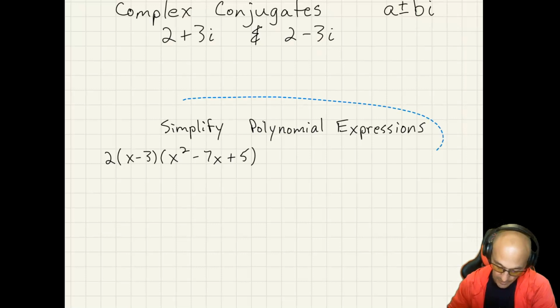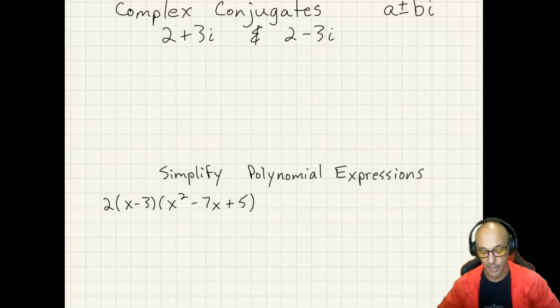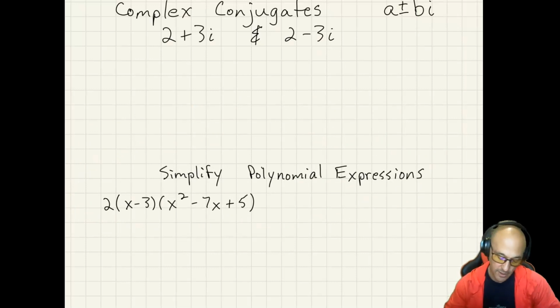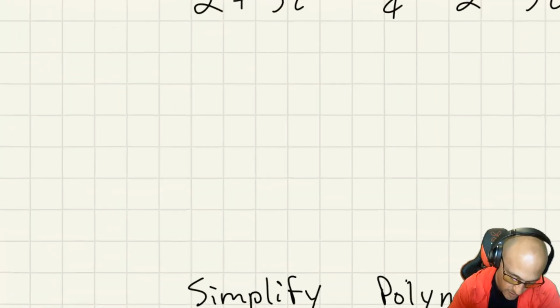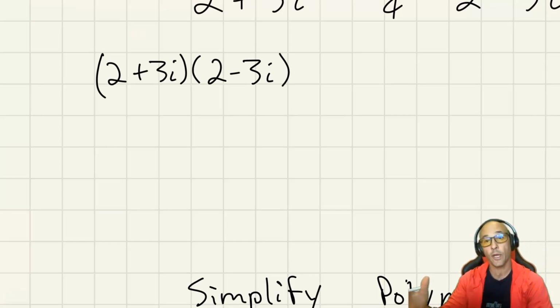And also, something interesting happens when we multiply complex conjugates. So let's look at an example, let's just take these two, 2 plus 3i times the quantity 2 minus 3i. And I'm going to move through this pretty quickly.